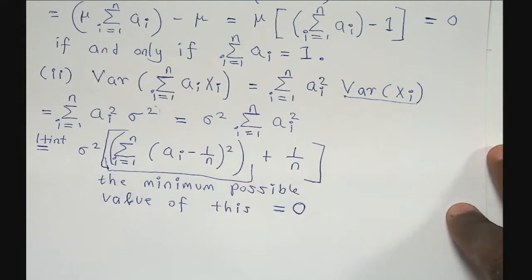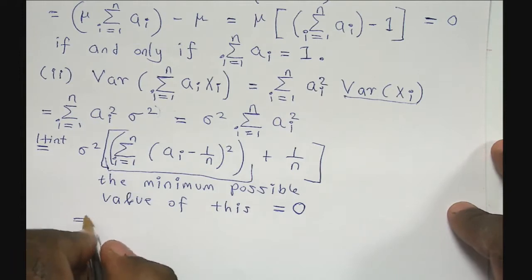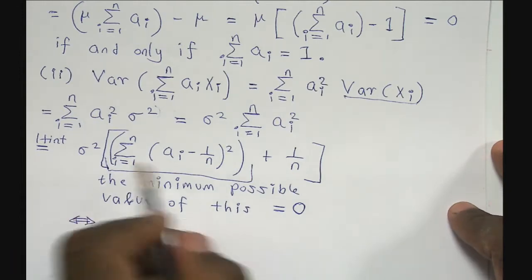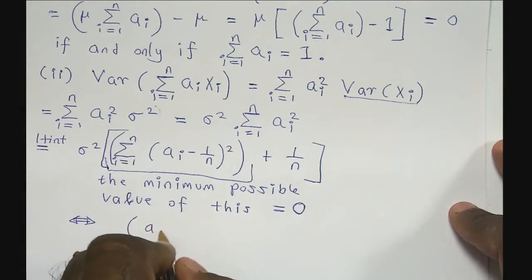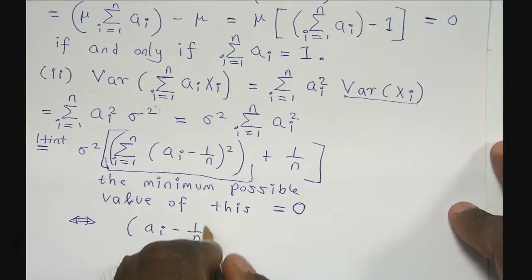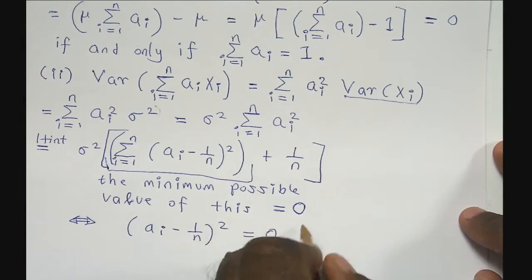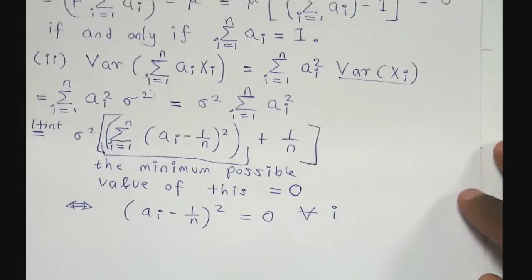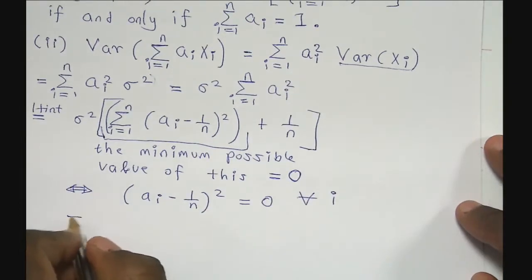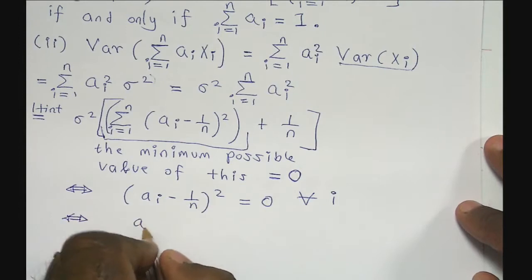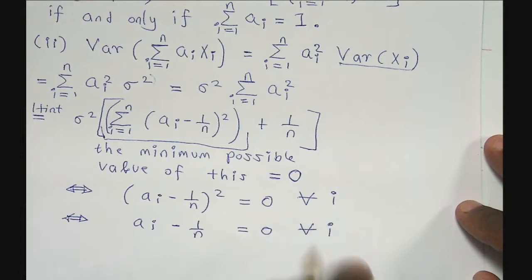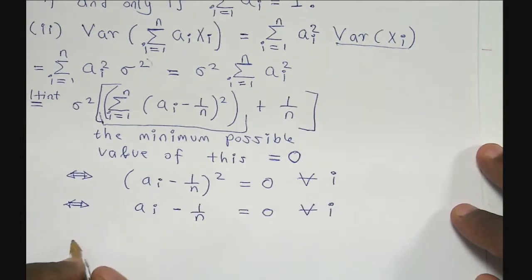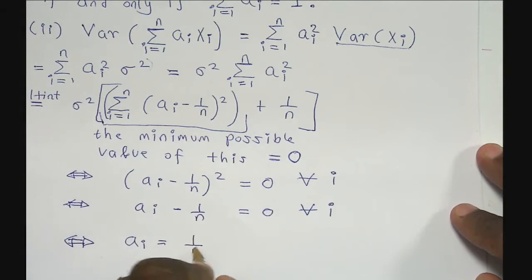That will happen, that is, this whole thing will be equal to 0 if and only if (ai minus 1 over n) squared equals 0 for every i. This will happen if and only if ai minus 1 over n is equal to 0 for every i, and this will happen if and only if ai is equal to 1 over n for every i.